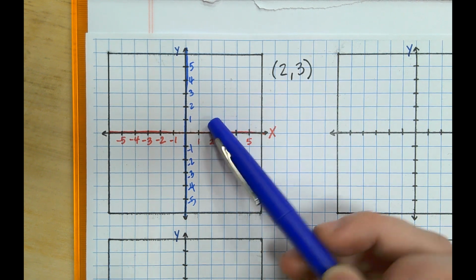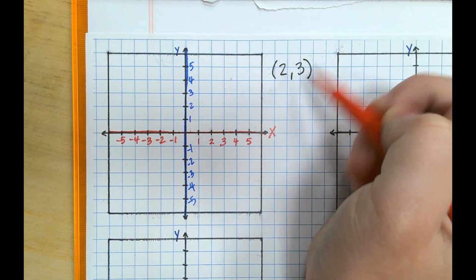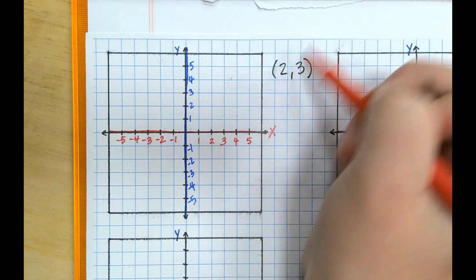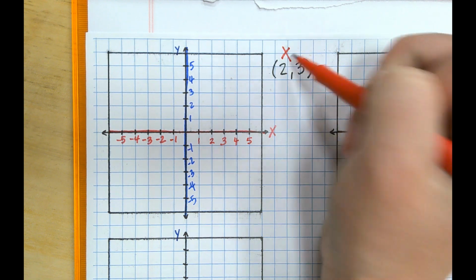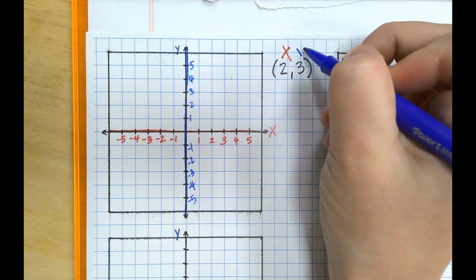Coordinates on a graph are also telling you where something is. It's like a map. A coordinate is two numbers where the first number tells you where to put your x, always. The second number tells you where to put your y.